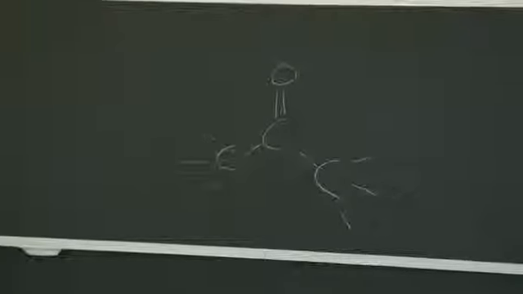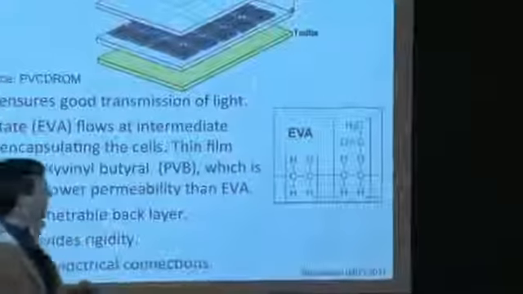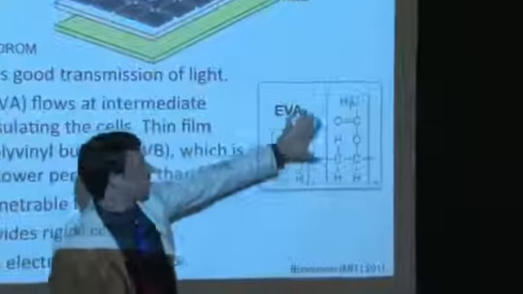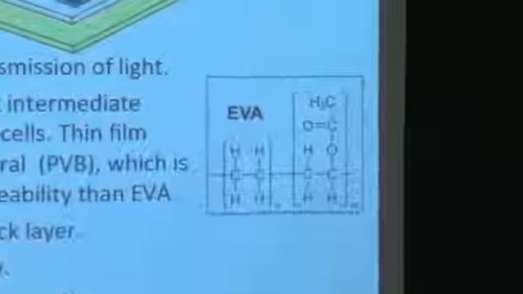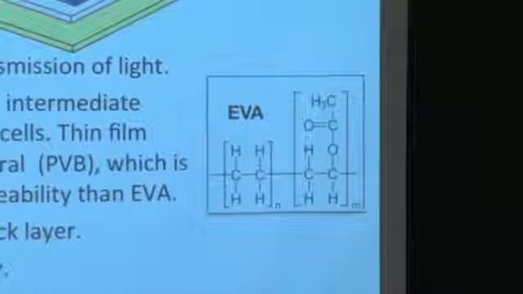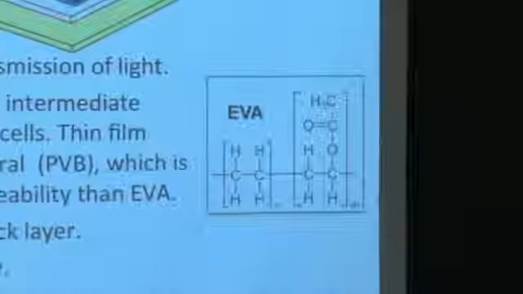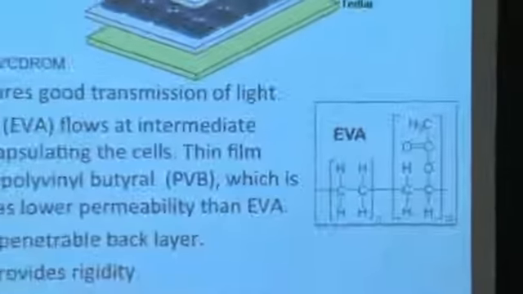So if you're looking at the decomposition of this little group right here, you could easily envision it decomposing into acetic acid from the name ethyl vinyl acetate, right? So if you have a thin film material that could react with the encapsulant, you could decompose your encapsulant and cause a degradation of not only the encapsulant itself, which would block some of the light going through, but of the solar cell absorber material too.